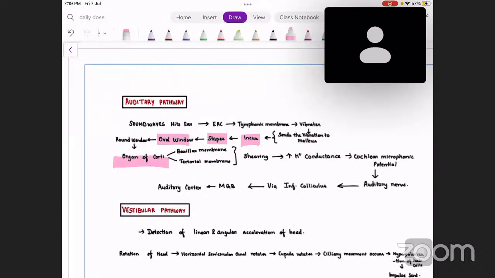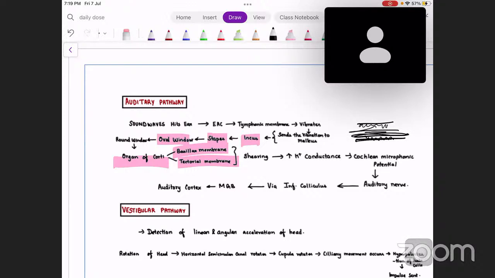Now in the inner ear, on the organ of Corti, you have two types of membrane: one is your basilar membrane, another one is your tectorial membrane. They will undergo shearing, that is, one moves anteriorly and another moves posteriorly, and they crash.